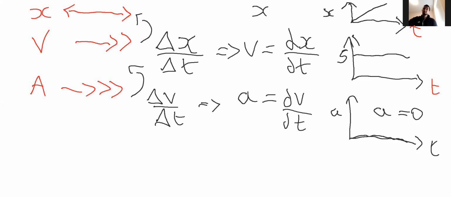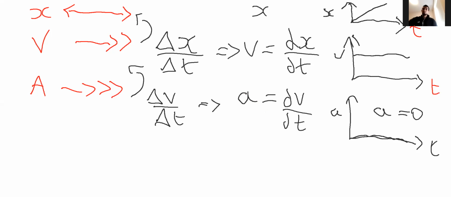We can also proceed to look in the reverse. So in the sense that if we're looking at the relationship of, so this should be v. If we're looking at the relationship between the velocity and the acceleration, we can say that the velocity is the integral of acceleration. So if we integrate both sides here, we'll separate the variables.